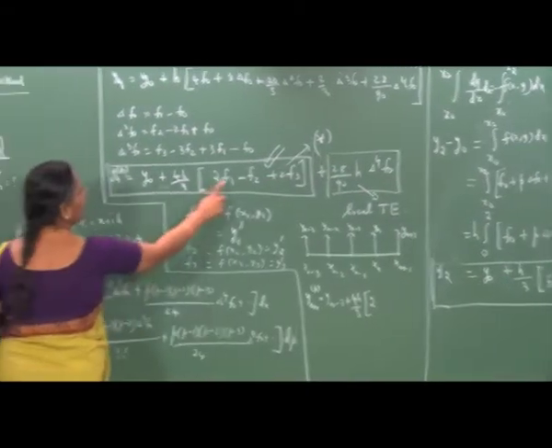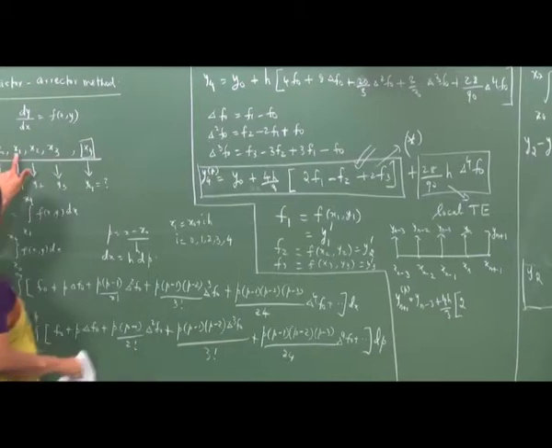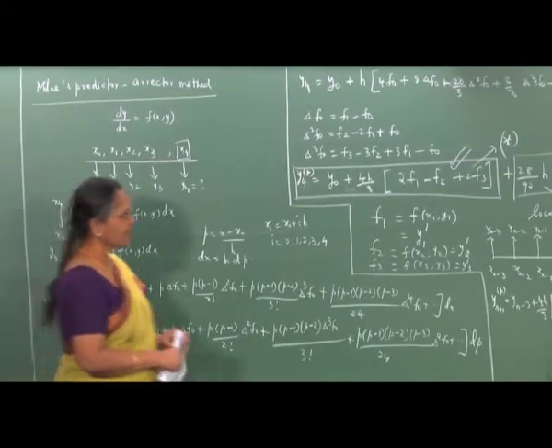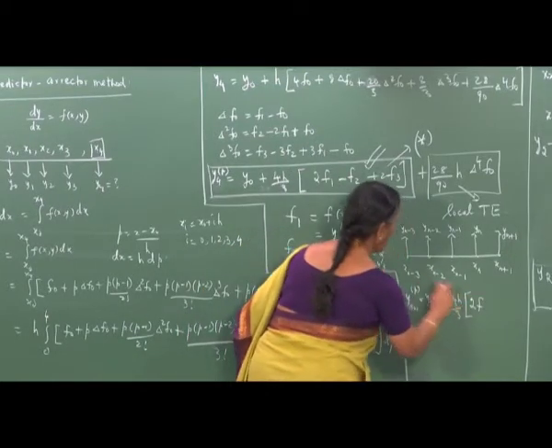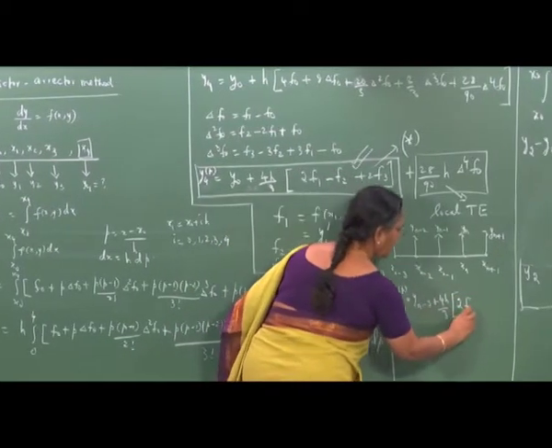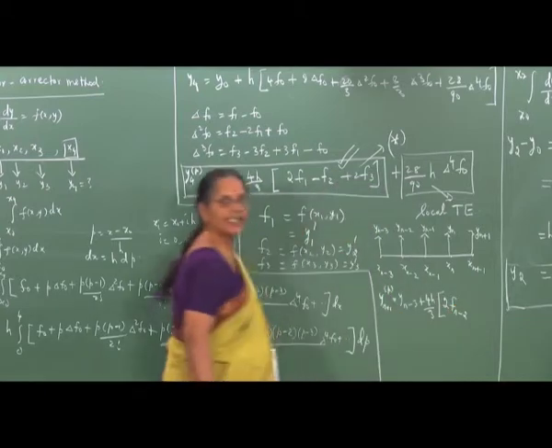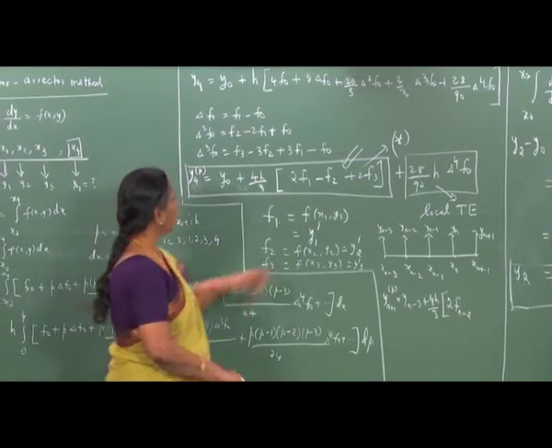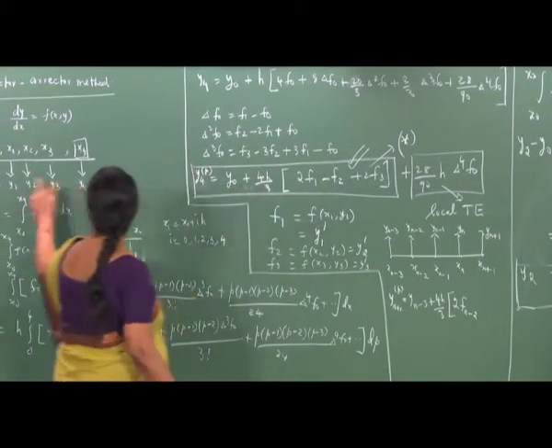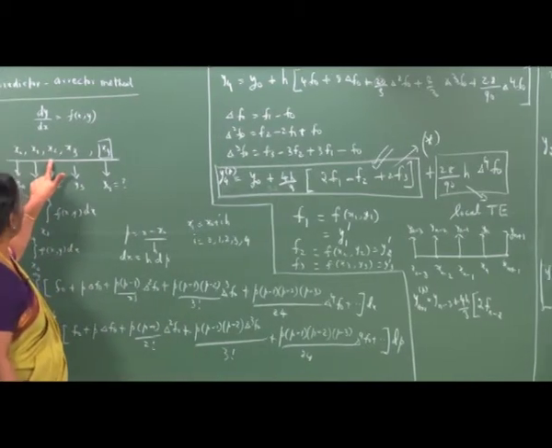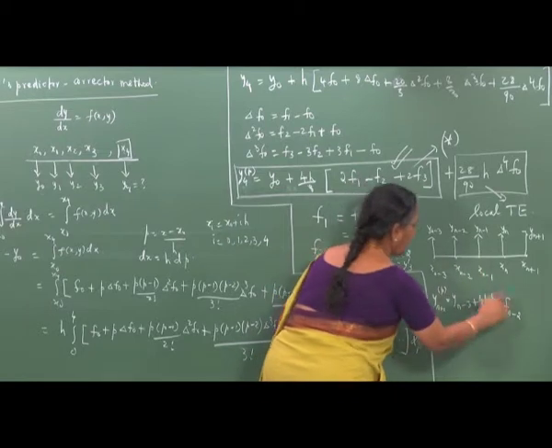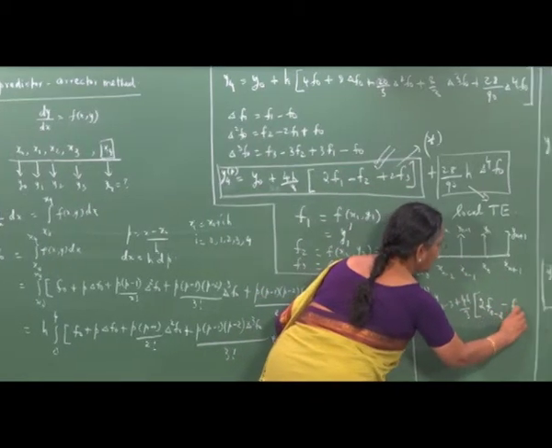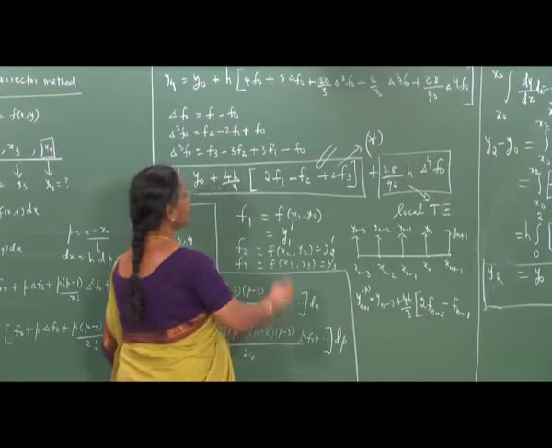What do I have here? f1, that is f at x1 y1. So, generalizing, this is going to be f at xn minus 2 yn minus 2, which I call fn minus 2. Then I have minus f2, namely the value of f at x2 y2. So, correspondingly this is going to be minus f at n minus 1.